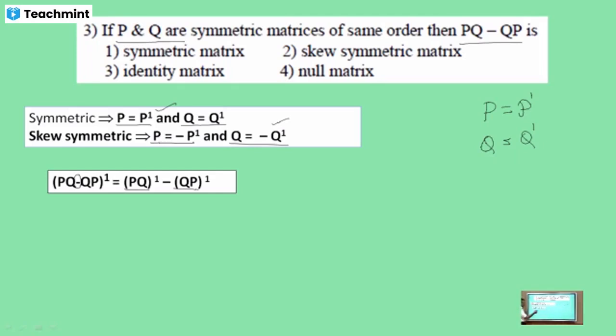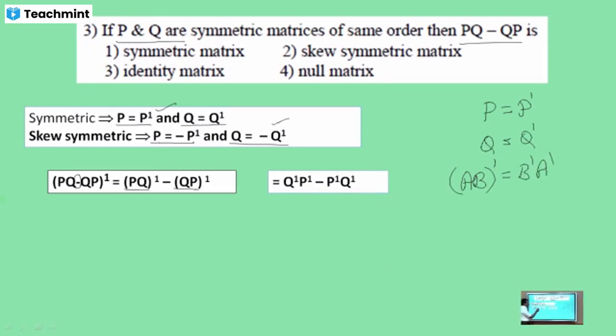What next? Here there is the transpose of a product. To write the transpose of that product, I use a property again. You know that AB transpose is equal to B transpose into A transpose.